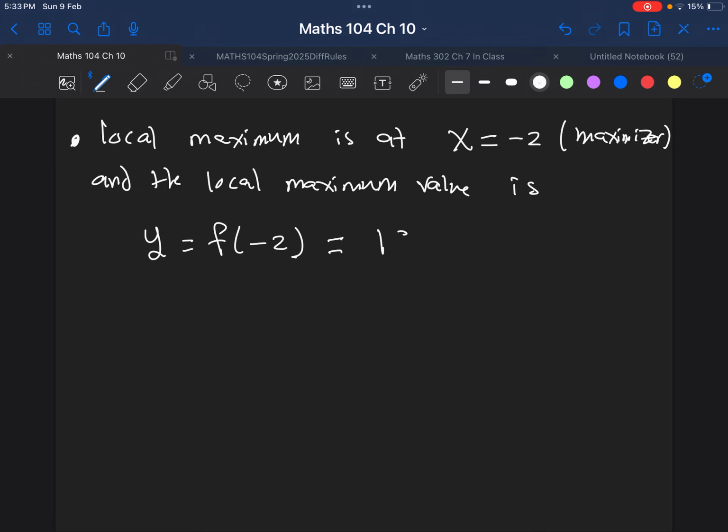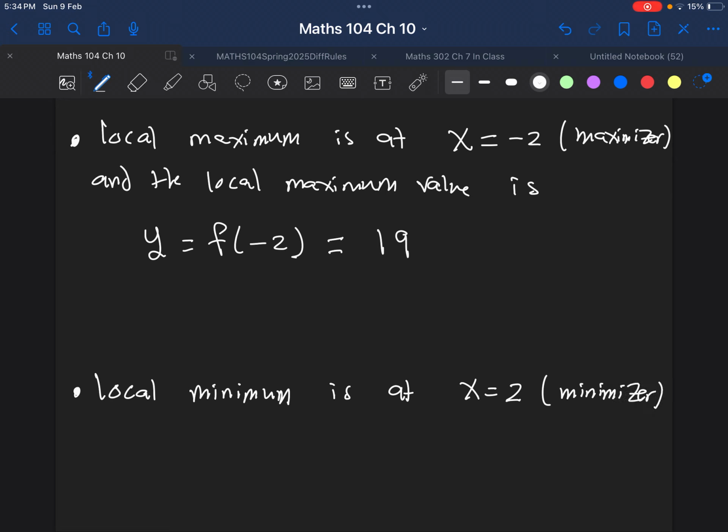The answer will be just 19. Next, we need to find the local minimum, which is at x equal to 2, which we call the minimizer.